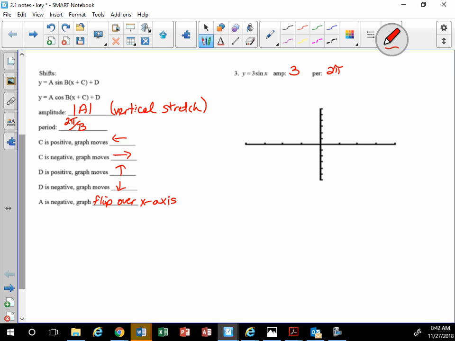When we get to graphs where the period changes, we're actually going to change how we label the x-axis, but so far we don't need to do that. So this is just going to be the regular pi over 2, pi, 3 pi over 2, and 2 pi.